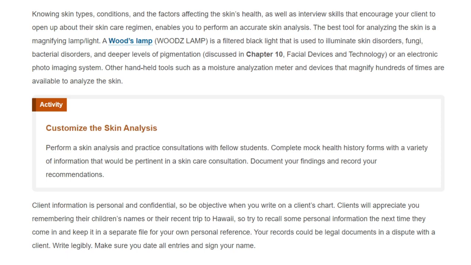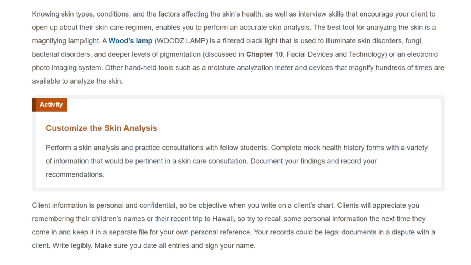A Woods lamp is a filtered black light that is used to illuminate skin disorders, fungi, bacterial disorders, and deeper levels of pigmentation, discussed in Chapter 10, Facial Devices and Technology, or an electronic photo imaging system. Other handheld tools such as a moisture analyzation meter and devices that magnify hundreds of times are available to analyze the skin.